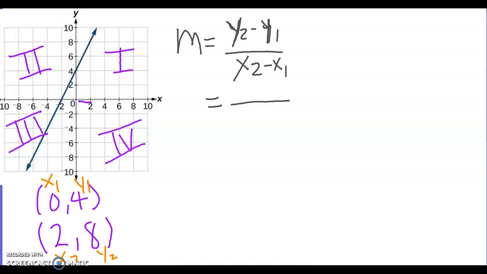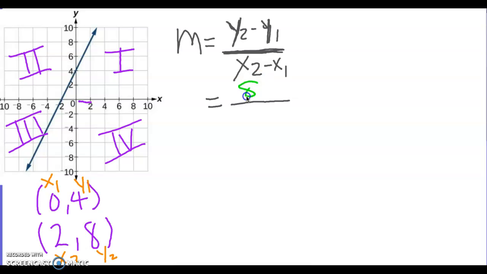Okay, so this is x2 down here and y2. So remember, I'm only focusing on what's above the line here. So okay, go ahead. 8 minus 4. Congratulations, thank you.